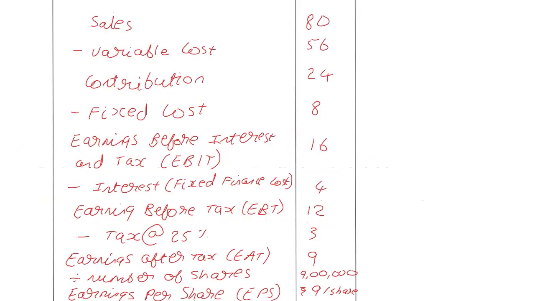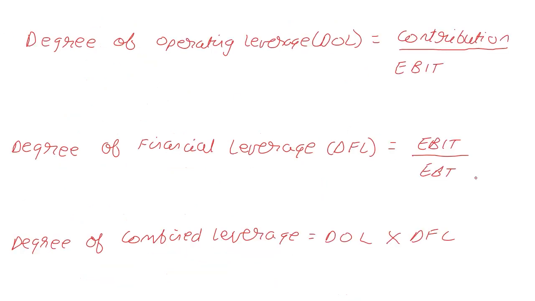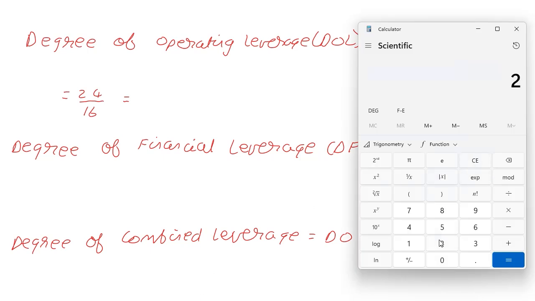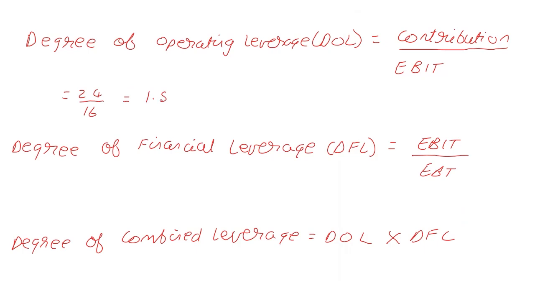So great. What is contribution upon EBIT? 24 by 16, and we are allowed a calculator. So 24 by 16 gives me 1.5.